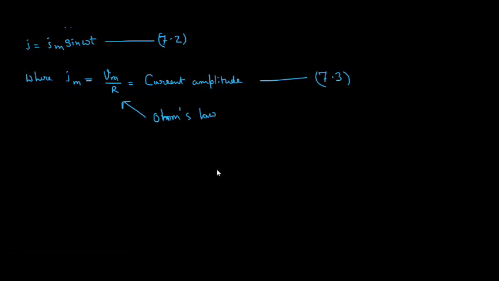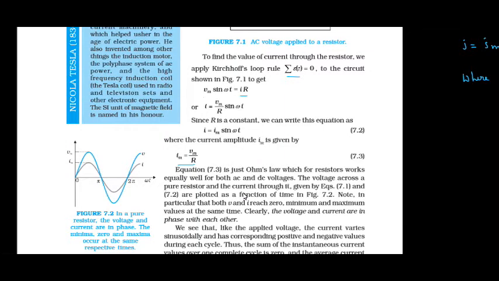Now let us go to your book and see few of the concepts. So for a pure resistor, the voltage and current are in phase, which means the minima, zero and maxima occur at the same respective times. So here you see Im is this.